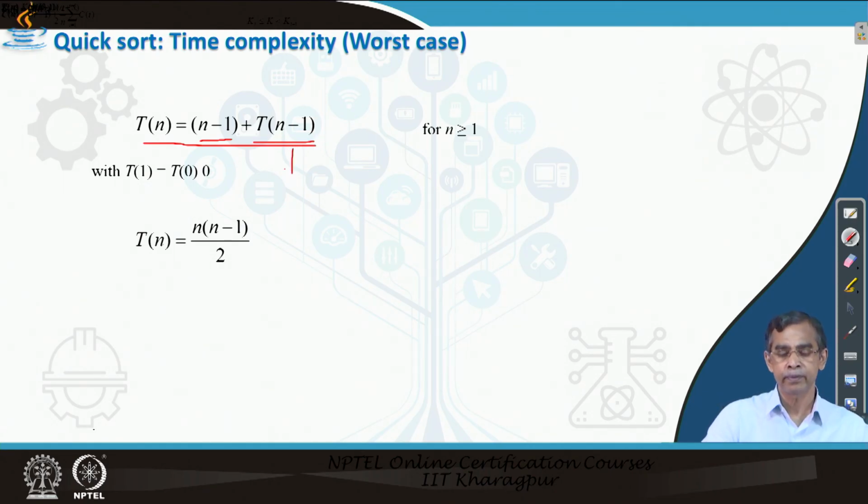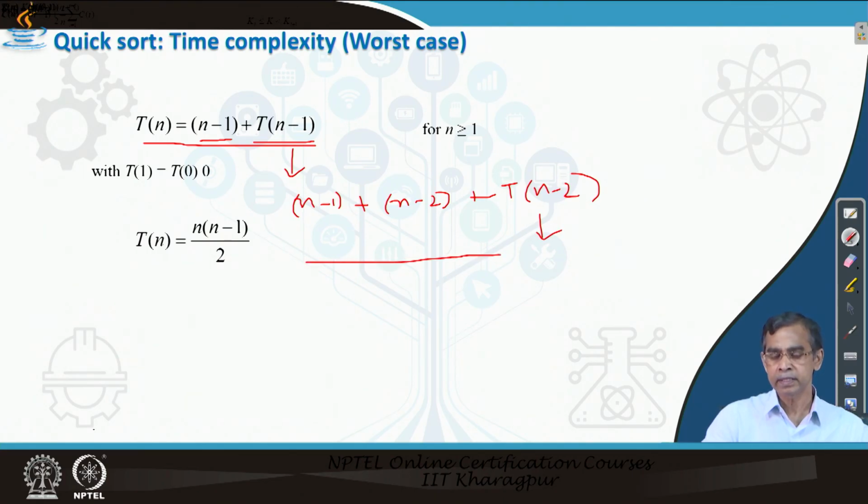Now if you go on, it is n minus 1, and then n minus 2, plus T of n minus 2. If we factorize it, then n minus 3 plus T of n minus 4.